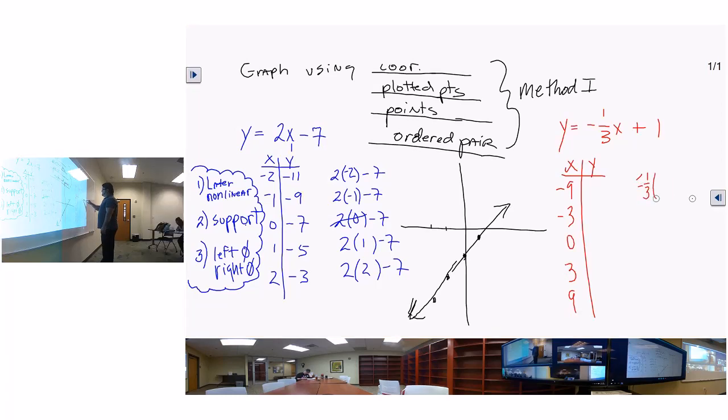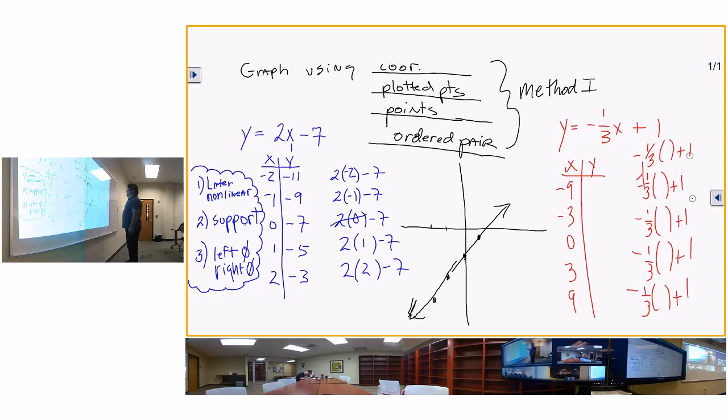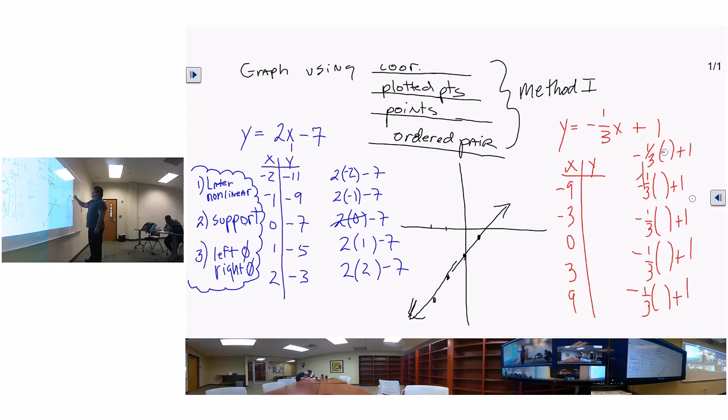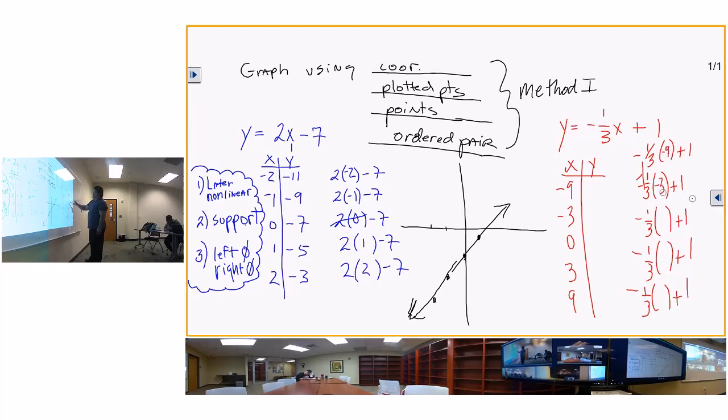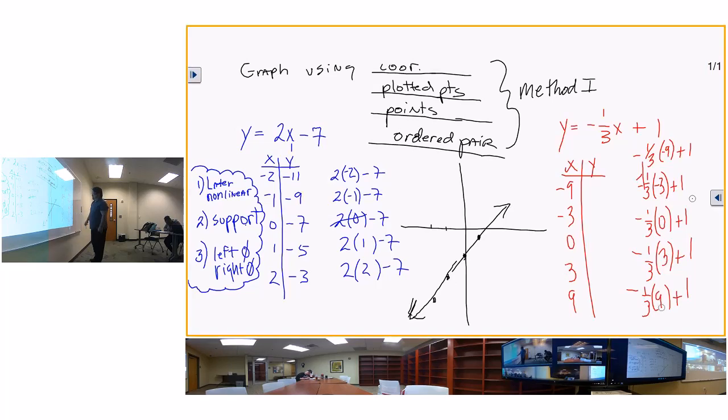Negative 1/3, parentheses, plus 1. So I'm going to plug in negative 9, negative 3, 0, 3, and 9. What's negative 1/3 times negative 9? What's 9 over 3?